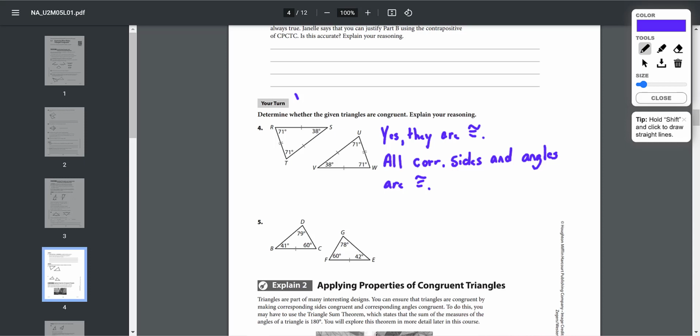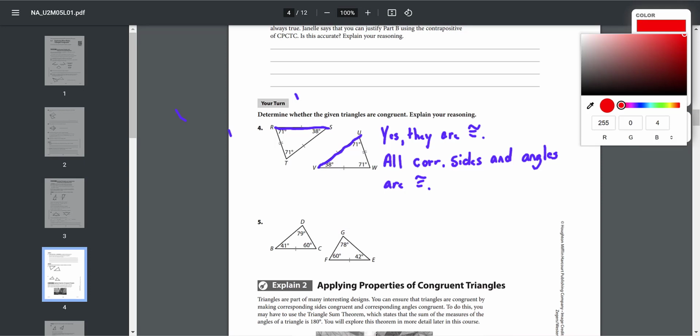I know they're congruent because all corresponding sides and angles are congruent in this problem. For instance, there are a couple of different ways to state this, but there are several segments that have a single vertical hash mark through them. Let me just pick one in particular. You could say RS is congruent to VU.